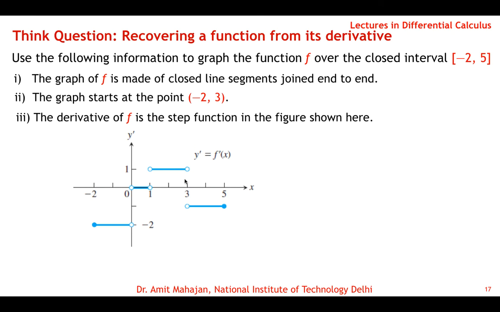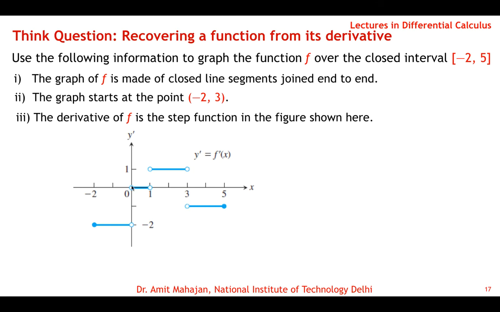For example, if I write y equals 2x, it is a straight line, and we know the slope is fixed at 2 for all x. So if the slope is fixed at 1 for x varying from 1 to 3, what should be the corresponding function here? Similarly the slope is fixed and constant, and from 3 to 5 the slope is -1. So what should be the corresponding function curve?